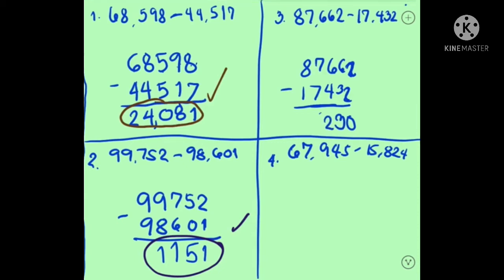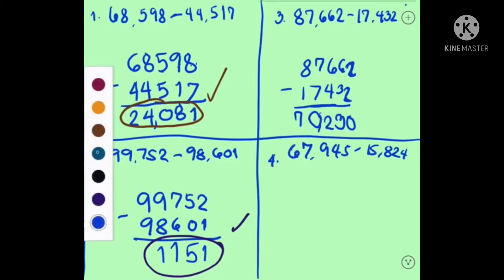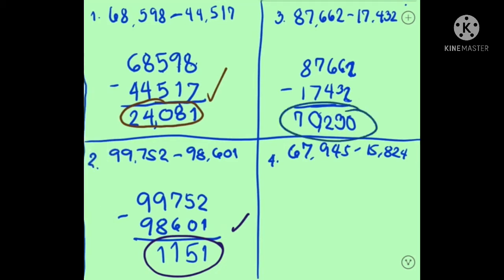The same, the answer is 0. 8 minus 1. 8 minus 1 is 7. So we have here, can you read the number for me, please? Good job. We have 70,230. That will be our final answer.